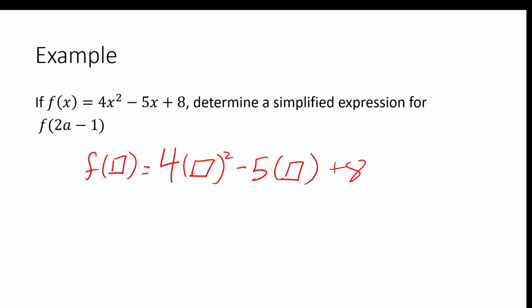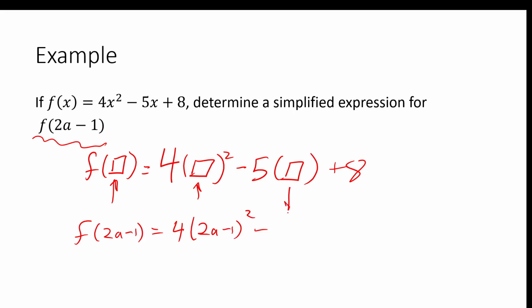And then plus 8. And so when we're looking for f at 2a minus 1, instead of calling it f at block, we call it f at 2a minus 1. What that really means is the block is 2a minus 1, so each block should be 2a minus 1.